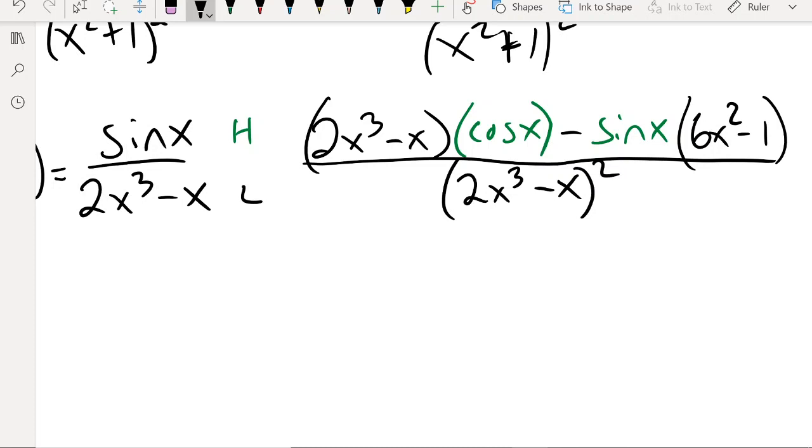Okay, cool. Let's, can I even clean this up? I might be able to clean it up a little bit, maybe, I don't know. Let's see. No, it doesn't really look like it, because one of them is multiplied by cosine, the other one by sine.